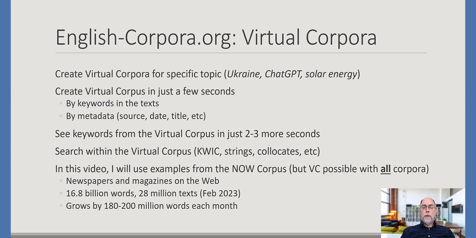Currently, as of February 2023, it has about 16.8 billion words from about 28 million texts, and more importantly, it grows by about 180 to 200 million words each month. In other words, the corpus is updated every single day, and so it's a great resource for looking at current topics and current events in English.